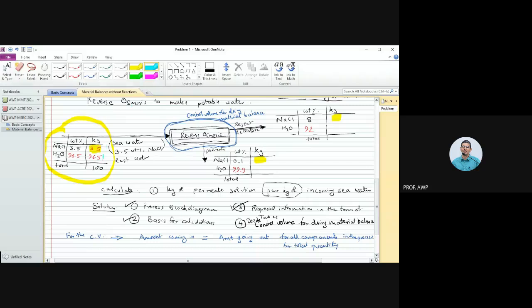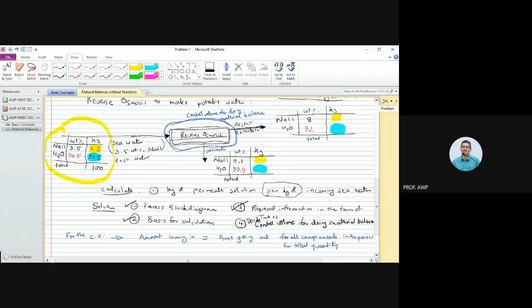Same way we can do a balance for water. 96.5 kgs of water are coming into the process. The kgs of water going out in the permeate stream and the kgs of water going out in the retentate stream together must be equal to 96.5.